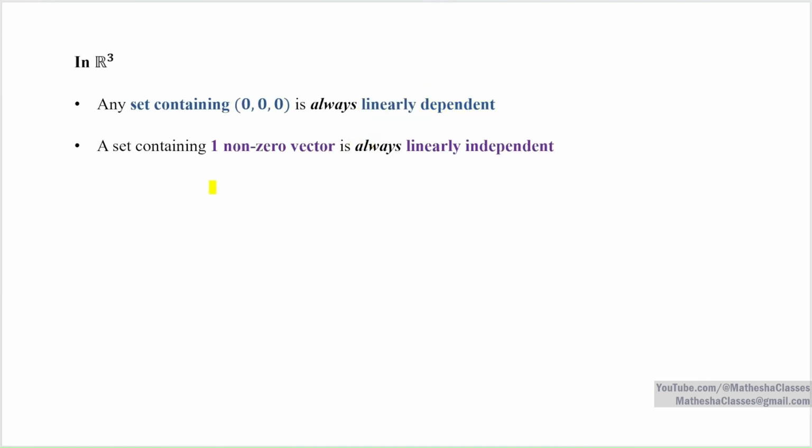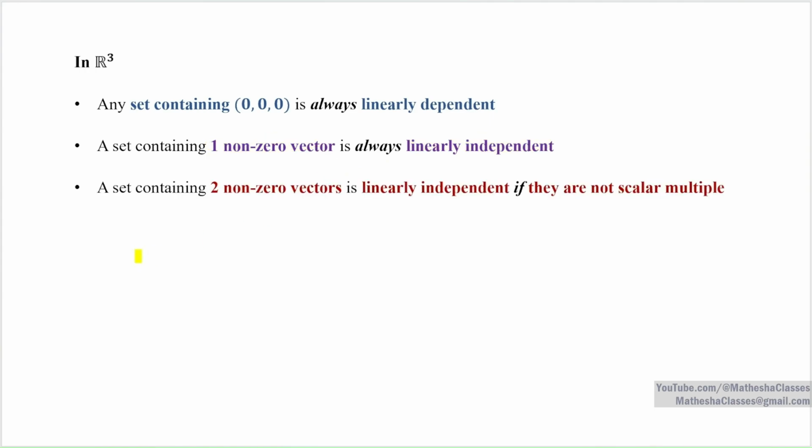Next, suppose your set is containing exactly one vector and that is non-zero. Then that set will always be linearly independent. Next, if your set is containing exactly two vectors and they are non-zero, then that set will be linearly independent if those two vectors are not scalar multiples of each other. For example, consider the vectors (1, 1, 1) and (1, 2, 3).